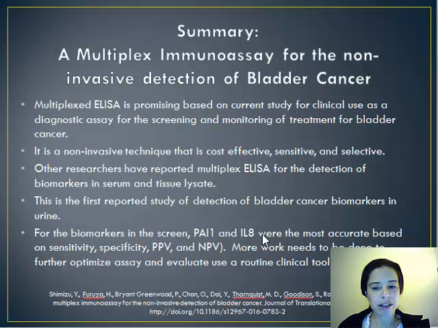So what they did find is, from the biomarkers that were looked at in this screen, there were 2 in particular that appeared to be the most accurate based on the statistics that they looked at, and these were PAI1 and IL8. So the main summary is that results were really encouraging, and that further work needs to be done to optimize the assay and to validate it to be used clinically in a doctor's setting, so that these patients can be evaluated long term.